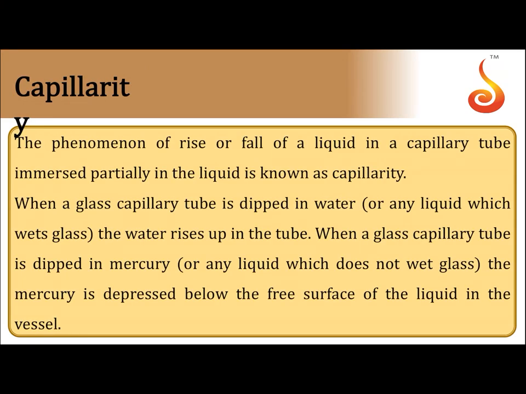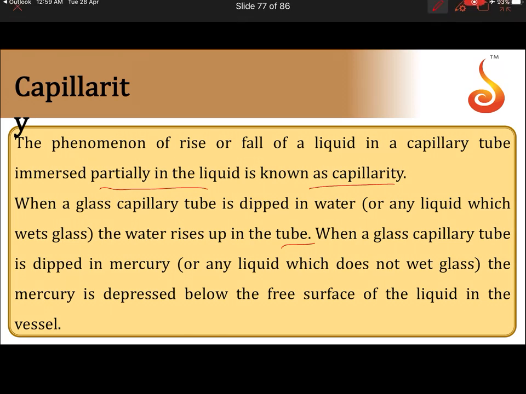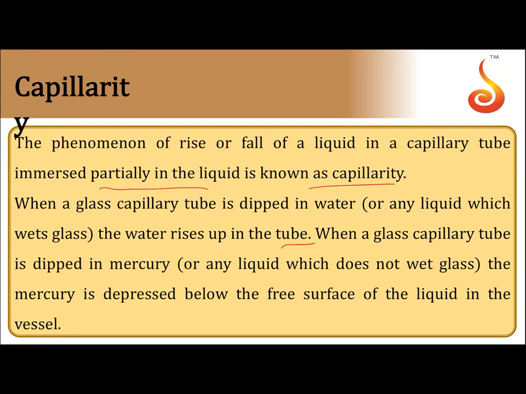Now moving on to next concept, capillarity. The phenomena of rise or fall of liquid in a capillary tube immersed partially in the liquid is known as capillarity. When glass capillary is dipped in water, the water rises in the tube above that of the level in the container in which it is dipped. So if it is dipped in mercury, there will be depression created.